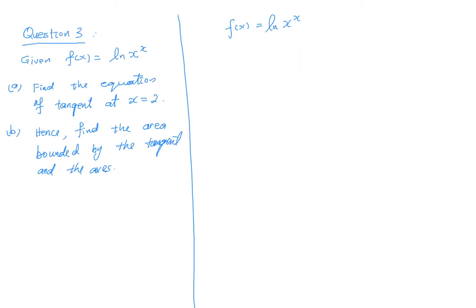Okay, Hao Xuan, if you want to use simple rule, you say use simple rule for the whole thing, correct? So I show you how to use the simple rule. So I have x to the power of x. So you tell me how to differentiate x to the power of x. How to differentiate?